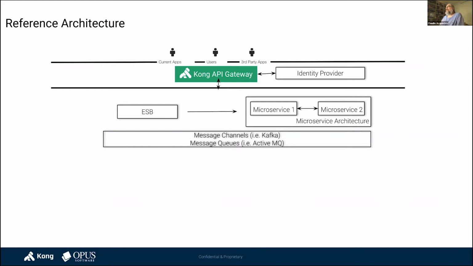It is highly recommended to work very closely with your identity provider. The identity provider is responsible for a number of things like user and application authentication, multi-factor authentication, tokenization, and so on. And the API gateway is responsible for validating the tokens that have been issued by the identity provider.